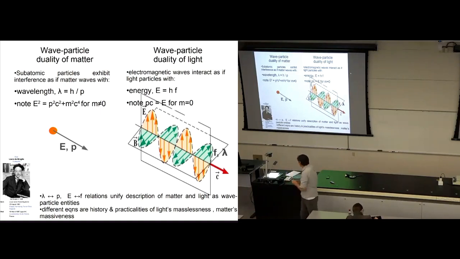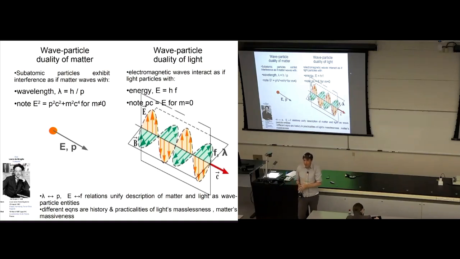The other equation, the new one, lambda equals h over p, relates the wave and particle-like properties of matter. So it's the version for matter. It's called de Broglie's equation after a French scientist, also a French duke, who originated the idea of matter waves in analogy to the idea of light particles that Einstein and Planck had originated.